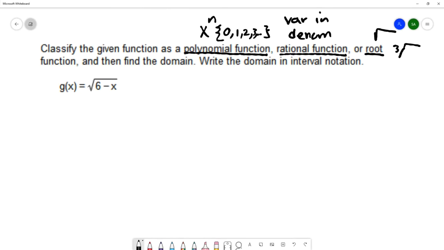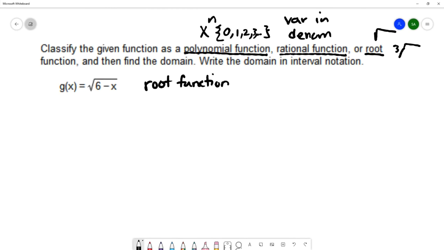So looking at our example, we have g of x equals the square root of 6 minus x. So it's pretty easy to notice that radical, and we would consider this to be a root function. And this is also very helpful in identifying the domain. Once you know that you have a root function, you know the type of restrictions you might have.